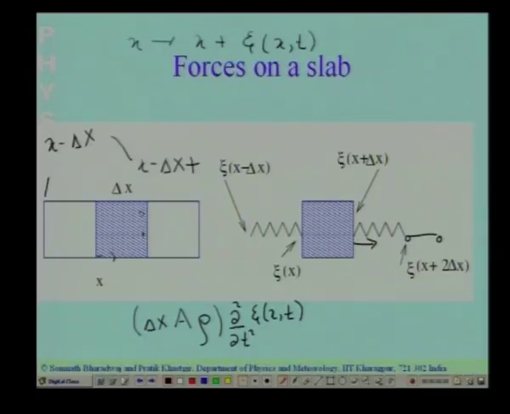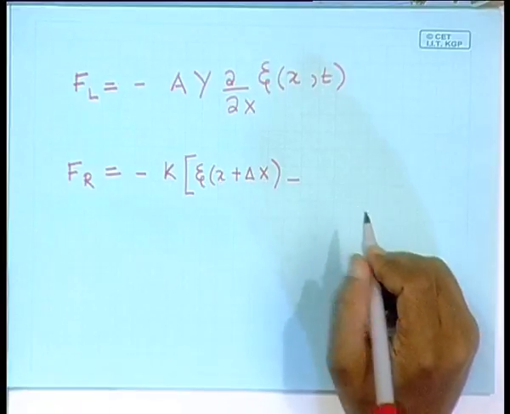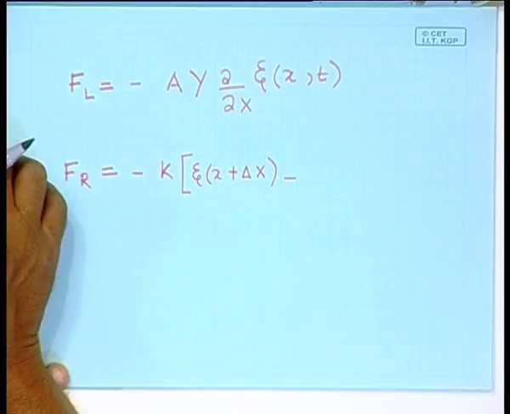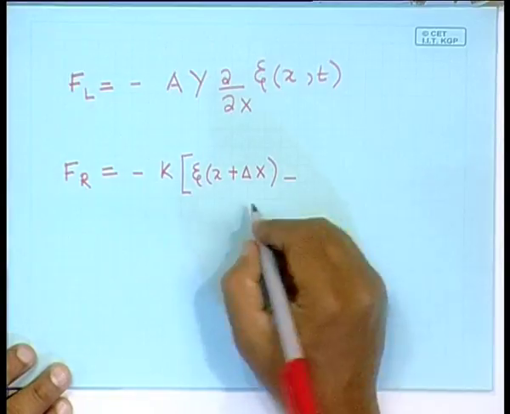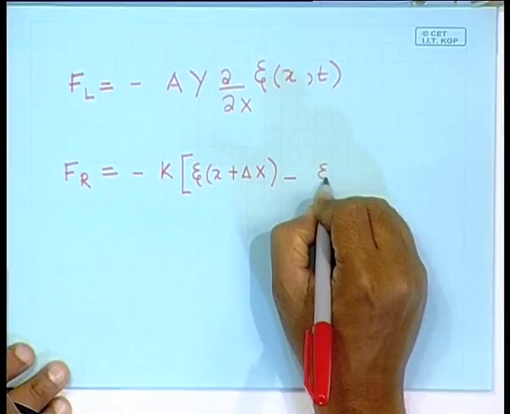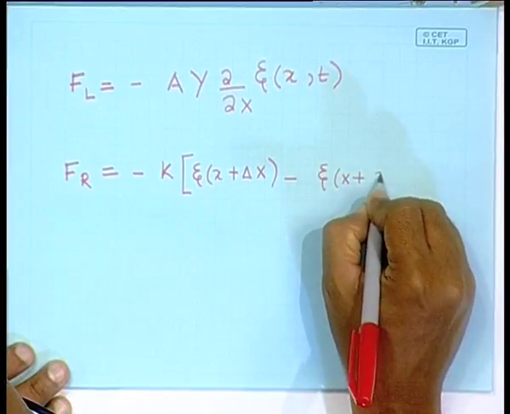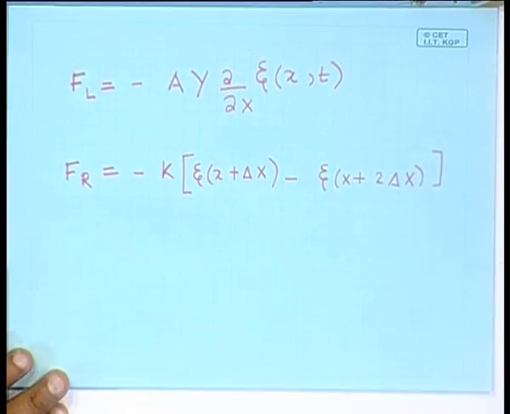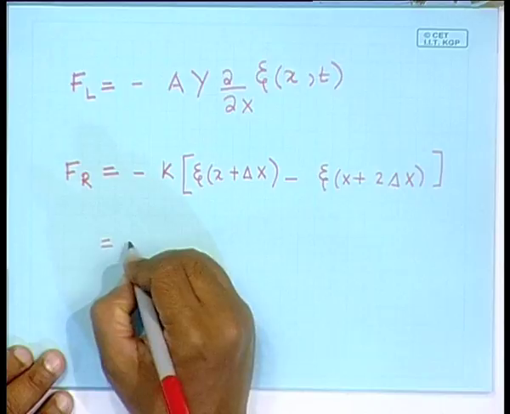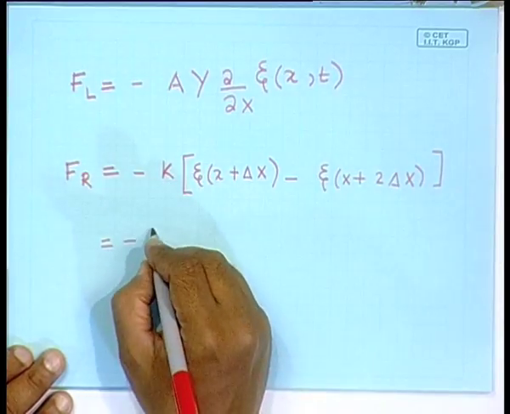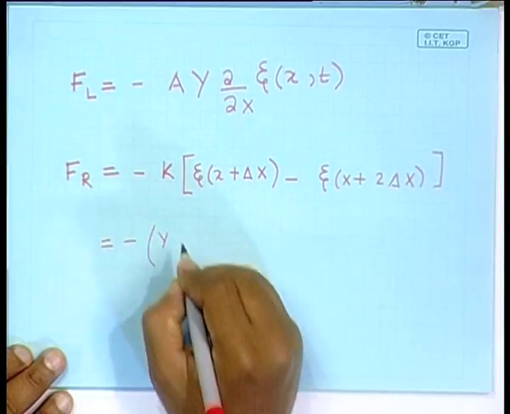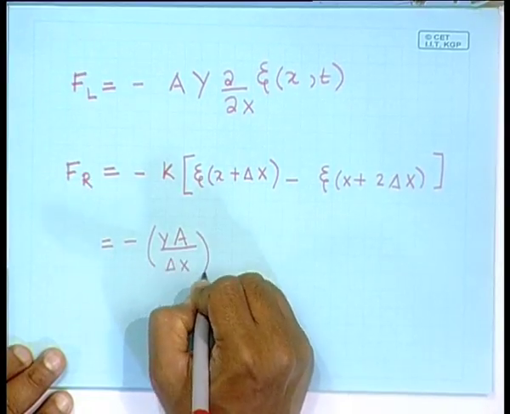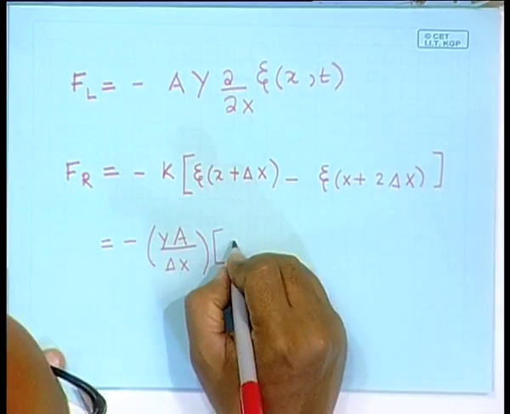So, we can say that the force arising due to the displacement of this end of the spring is going to be this, minus xi x plus 2 delta x. And again we can write the spring constant in terms of the Young's modulus, the cross sectional area divided by delta x, and we have the difference between these two.